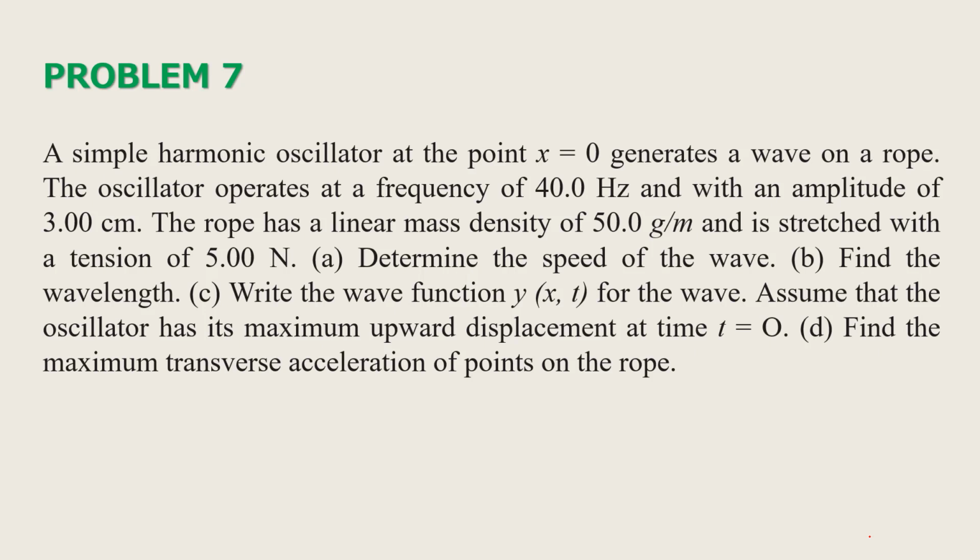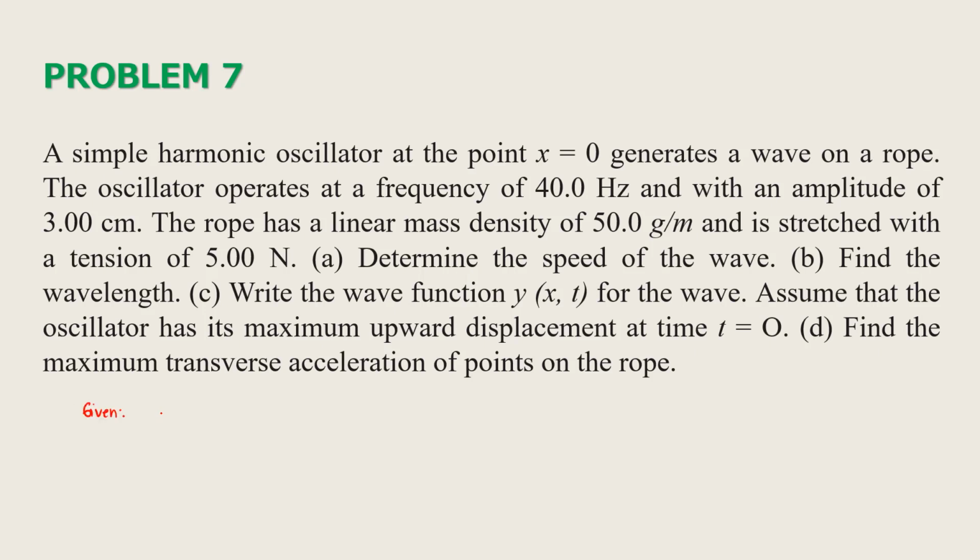We have to determine the speed of the wave and the wavelength. Then we have to write the wave function y of x,t for the wave, assuming that the oscillator has its maximum upward displacement at time t equals 0. And lastly, we have to find the maximum transverse acceleration of points on the rope.